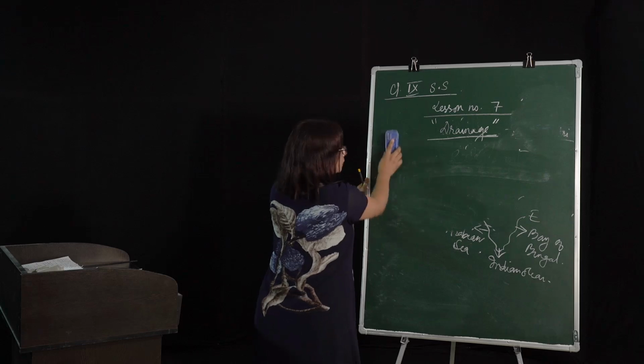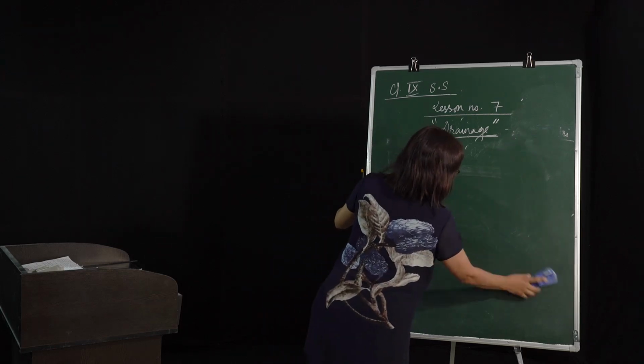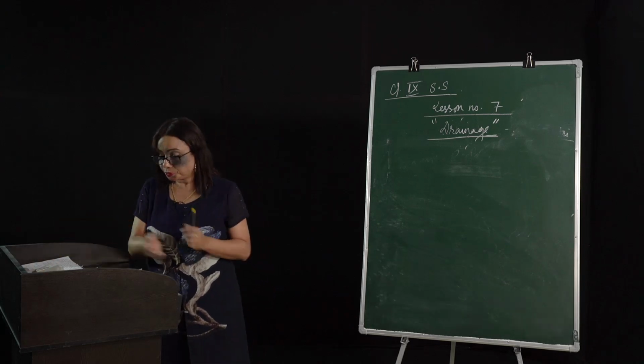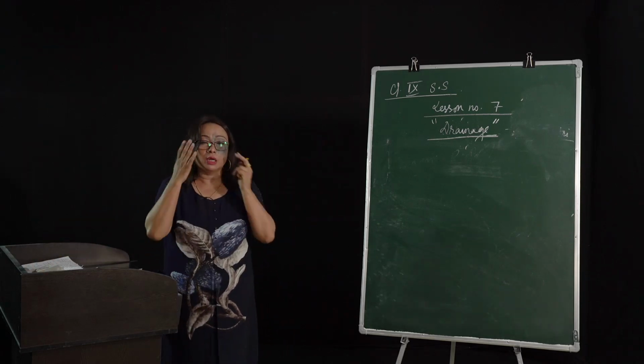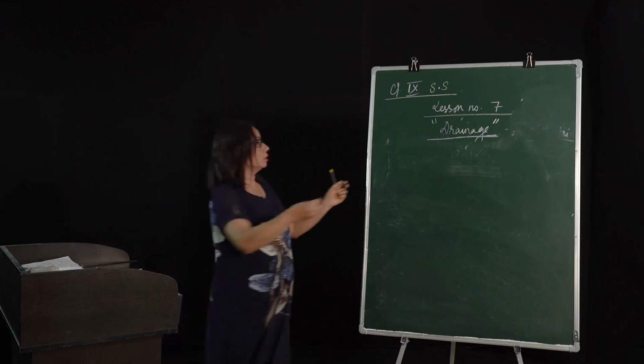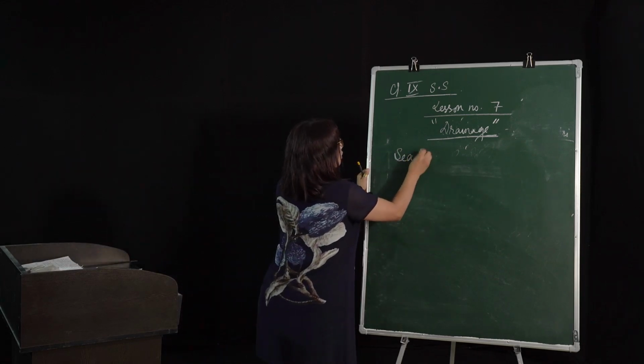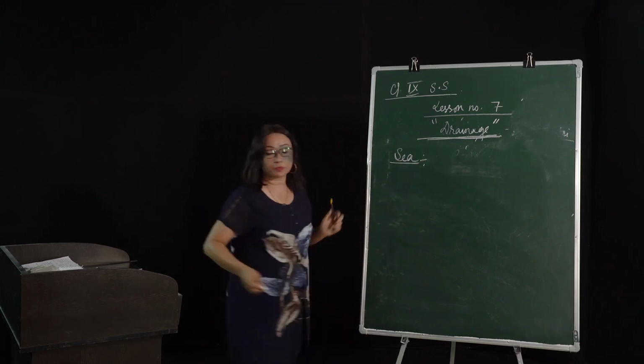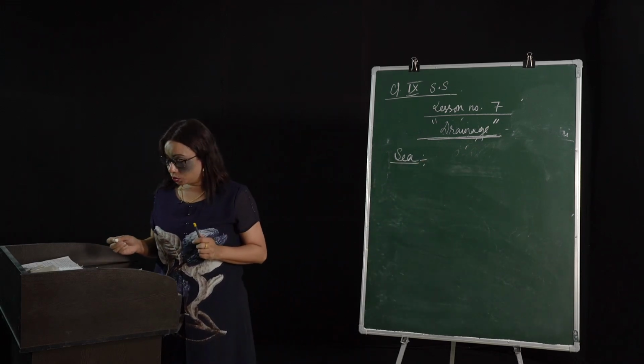Now, the next topic that I will move on to is the sea. What is a sea? In general, ocean water is called sea. If we are just generally going to define a sea, it is the ocean water.